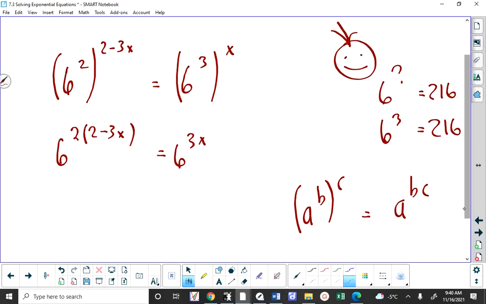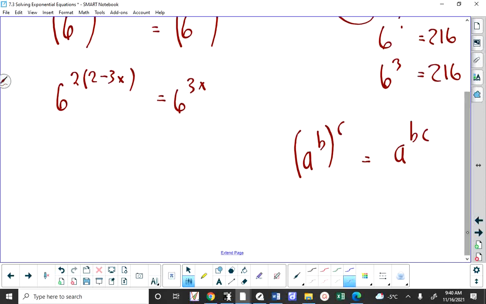Yes. We can drop the bases because they're the same base. If I have 6 raised to one exponent equals 6 raised to another exponent, then those two exponents have to, in fact, be the same. They may look different because there's an x involved, but they have to be the same. Where you multiply that 2 through is entirely up to you. You could have multiplied it through right at the beginning.